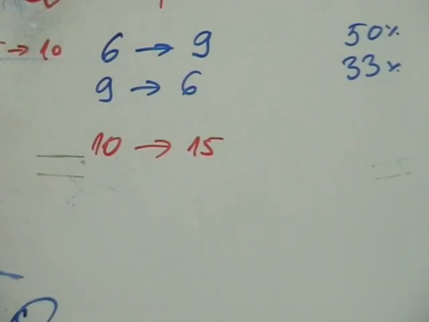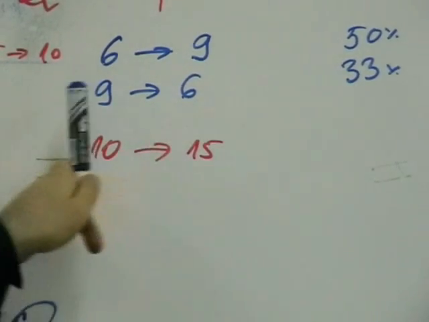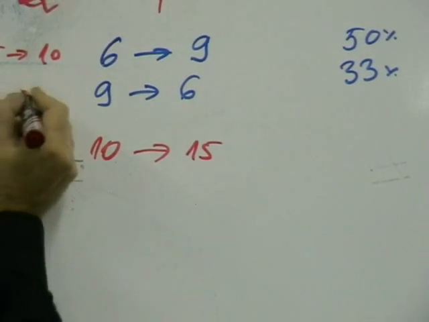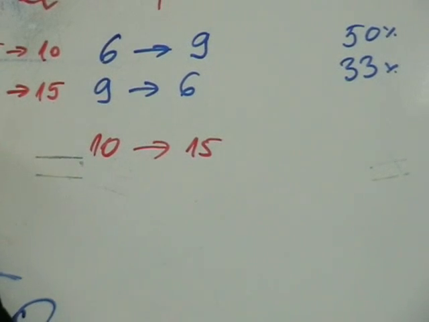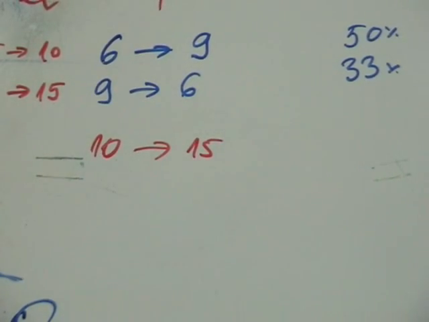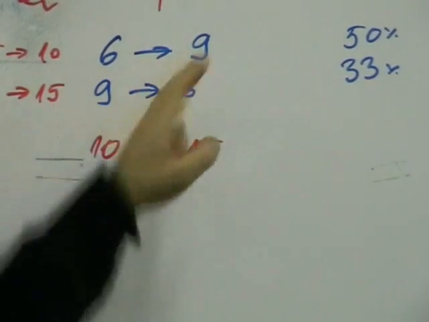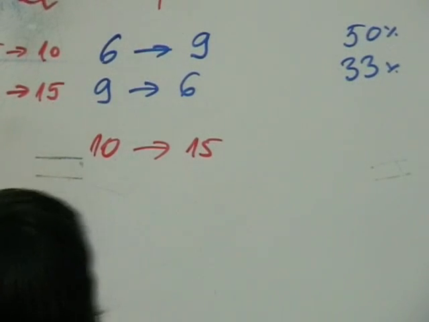What is the quantity change? 33%, right? Is that good? Now, if you're traveling from 9 to 6, quantity will be going up from 10 to 15. And this is a 50% change, right?